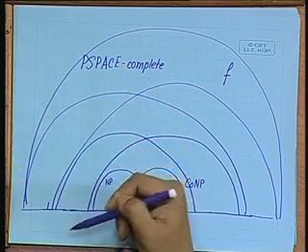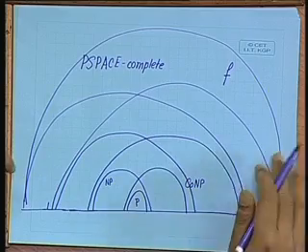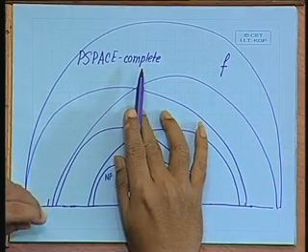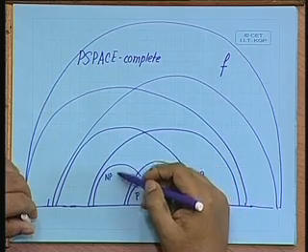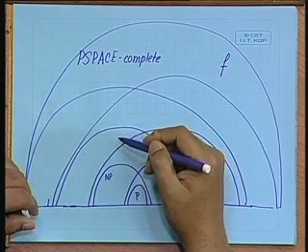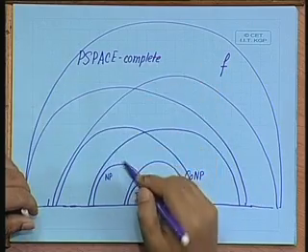So, that is the class PSPACE that we have, right. So, when we talk about PSPACE complete, it means that it is harder than NP, harder than all these classes.